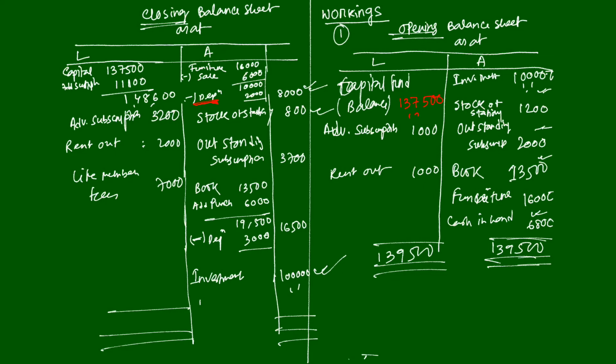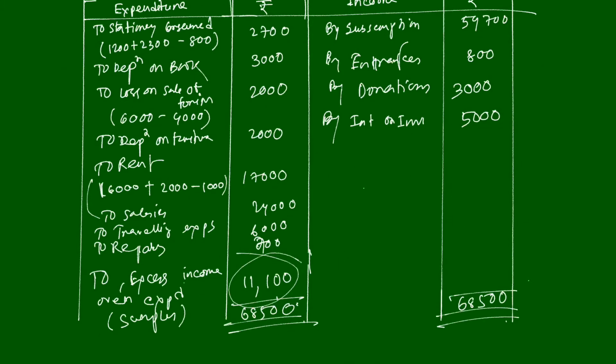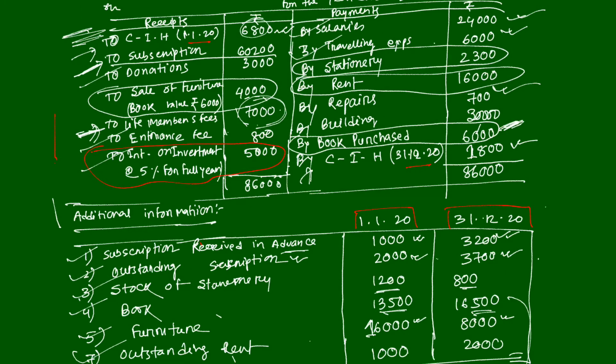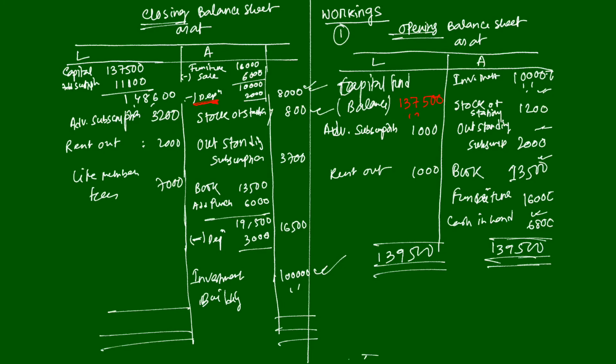You have to write that billing. If you see in your receipt and payment account, that billing is not written. That's why that billing will be written here. What is the billing amount? The billing is 30,000, and everything will be written. Cash in hand, your closing is 1,800.